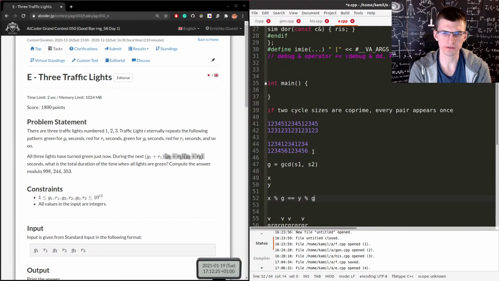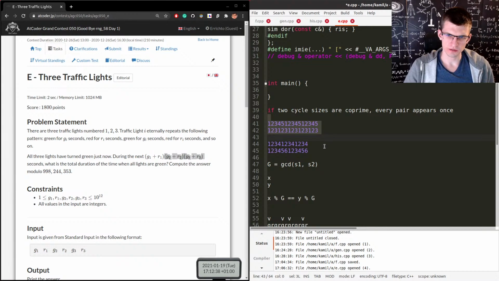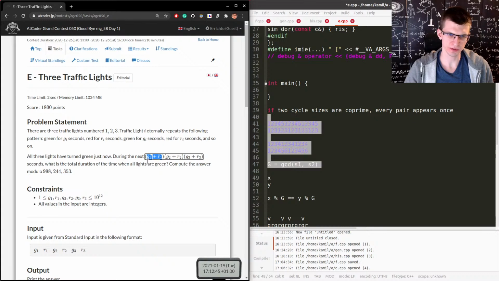Then if we're given information, okay, maybe this is a bad name. This is GCD, or let's say uppercase B. I don't want to confuse it with green. What I analyzed here refers to a cycle of size G plus R, where every second we have another color. There are a lot of colors.